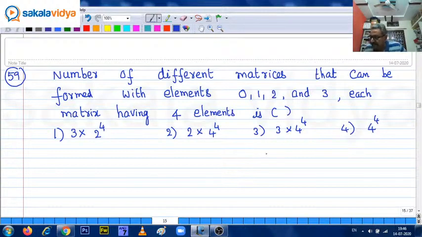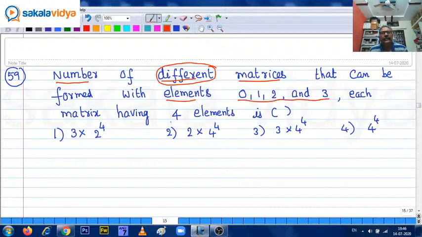Number of different matrices, that means different types of matrices, that can be formed with the elements 0, 1, 2 and 3, each matrix having 4 elements.